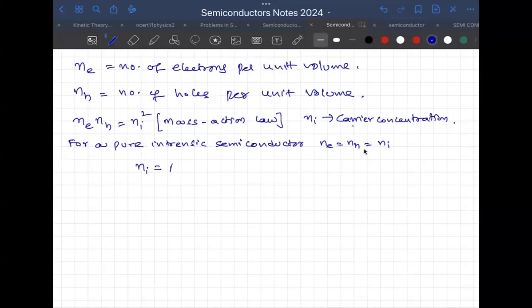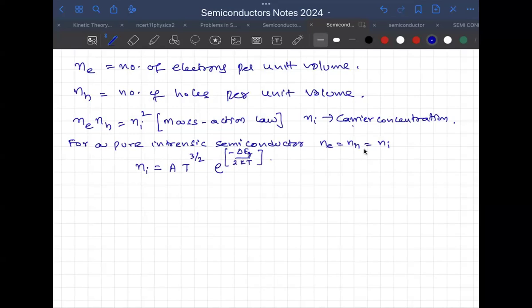As per higher order studies, I can take this relation from standard books as Ni equal to e to the power of minus delta Eg, energy gap, by 2kT.